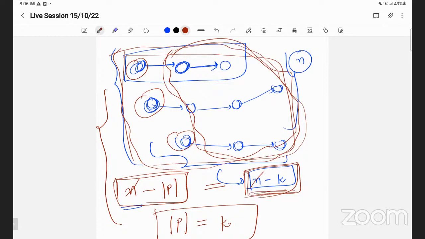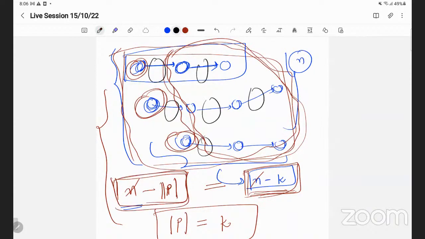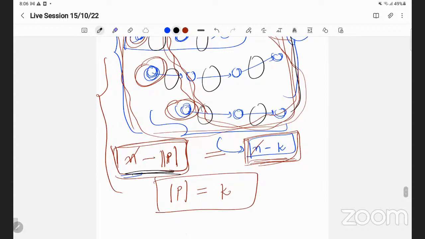If there are p paths, then there will be p vertices which have in-degree 0, and the remaining n minus p vertices each have a unique incoming edge. So I can also represent the total number of edges in this set as n minus p. And this says that the total number of paths is exactly equal to k, right?